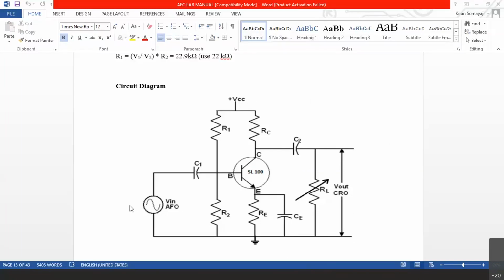Now, without giving the input signal, can you check whether the transistor is working in the active region or not? Can you? Yes, sir.